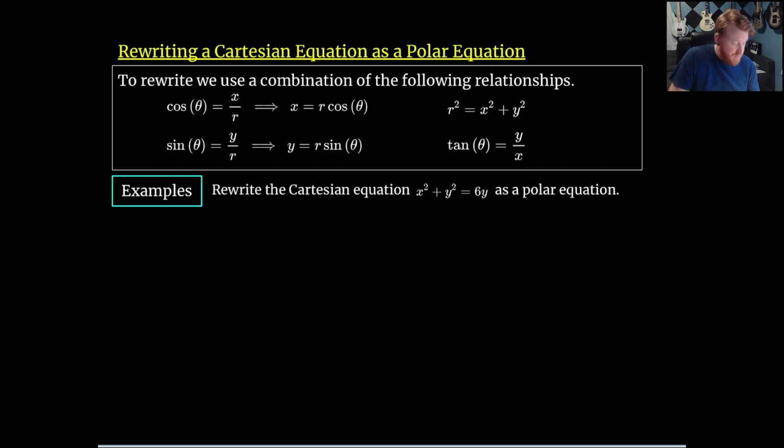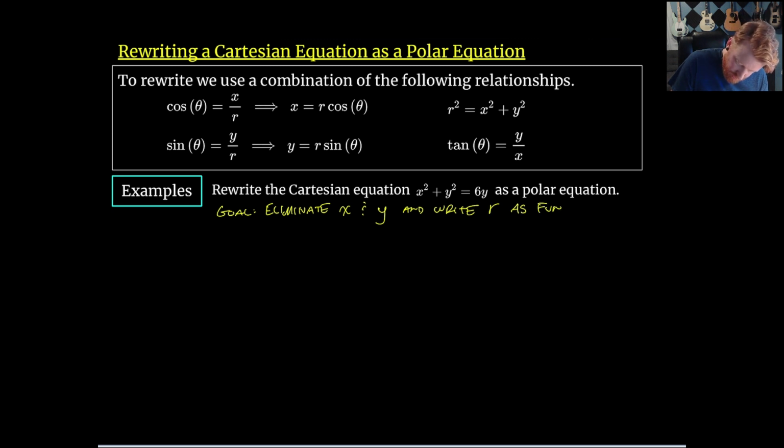So a polar equation is in terms of r and theta, and our goal, maybe I'll write this down, our goal is to write r, or maybe I should say even before that, we want to eliminate x and y and write r as a function of theta, meaning getting something that looks like r of theta equals, and everything in there will be in terms of theta. So that's our goal here.